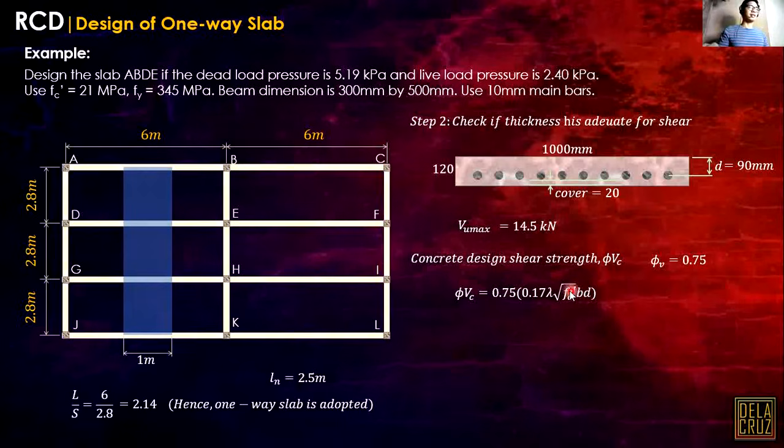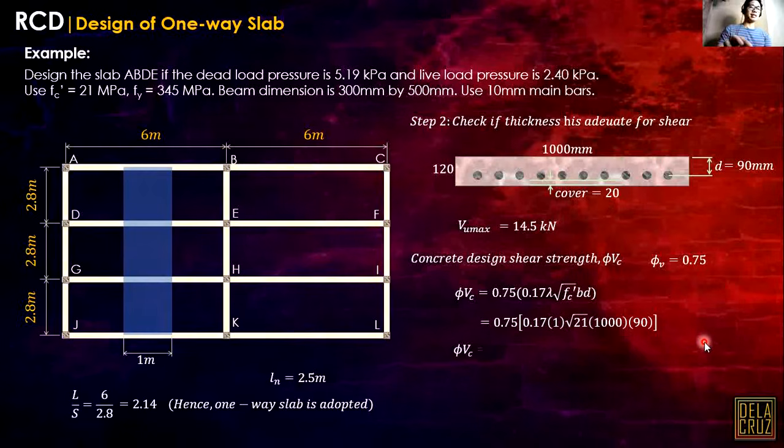Okay, so yung lambda dito is the modification factor. So normally, pag normal weight yung concrete, automatic 1.0 yan. May interpolation dito sa code, but bihira lang natin yung gagamitin. 1.0 talaga yan normally. Okay, so substitute, we have the values here. Of course, b is 1000 mm and d is 90 mm.